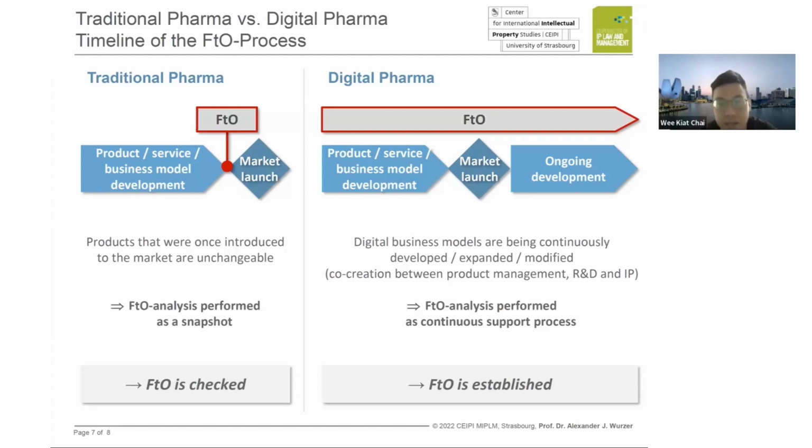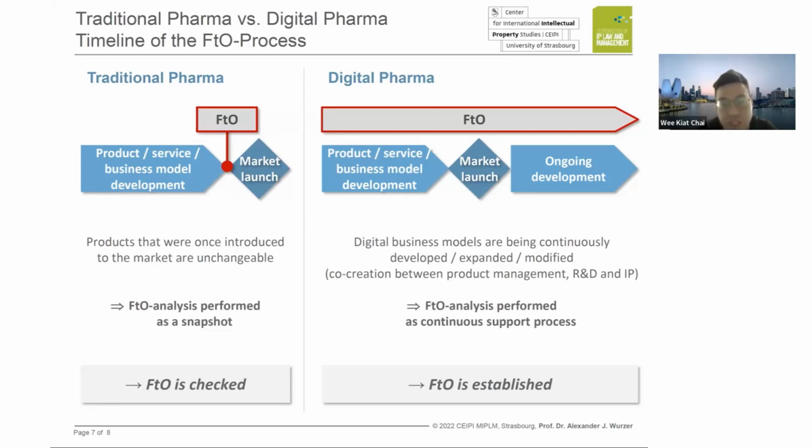On the other hand, on the right-hand side, if you see the digital pharma, this business model is being continuously developed, expanded, or modified, because this is a co-creation between product management, R&D, and also IP. And that means that it is not sufficient that FTO is only done one time.